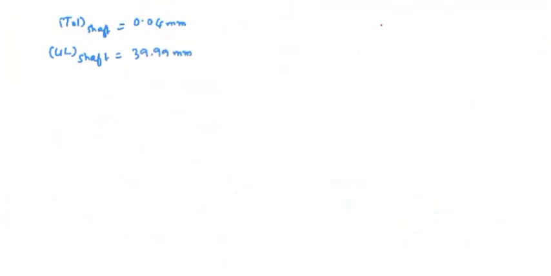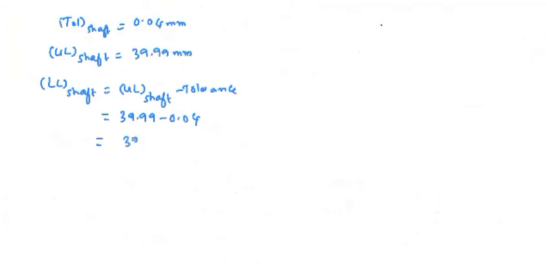From this we can find out the lower limit of the shaft as upper limit of the shaft minus tolerance. So it is equal to 39.99 minus 0.04, which is 39.95 mm.